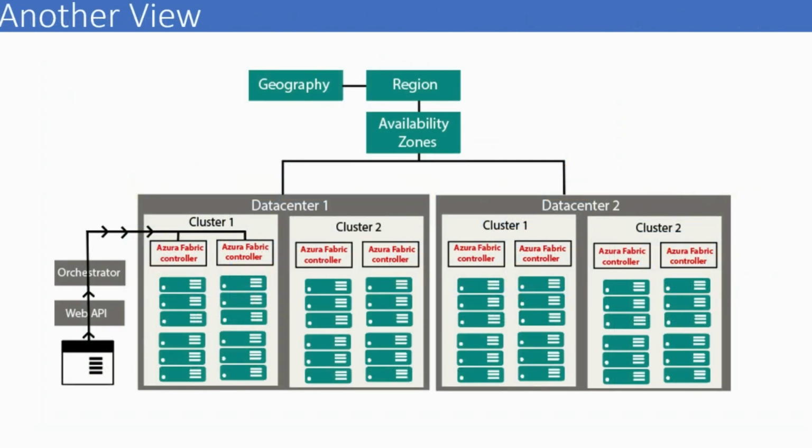This is another view. Assume you have a web application which uses a web API that connects to a data center. Let's say it goes to a web server through an orchestration concept that in turn connects to an Azure Fabric controller and establishes a connection to a web server that normally goes through a load balancer.